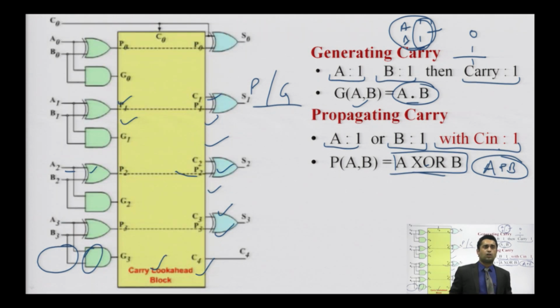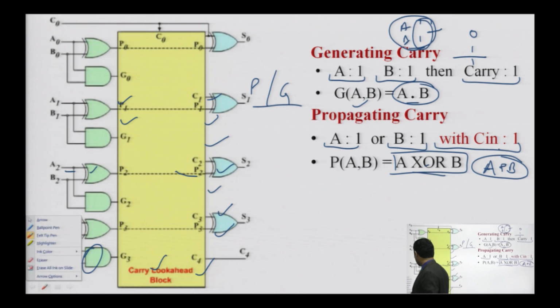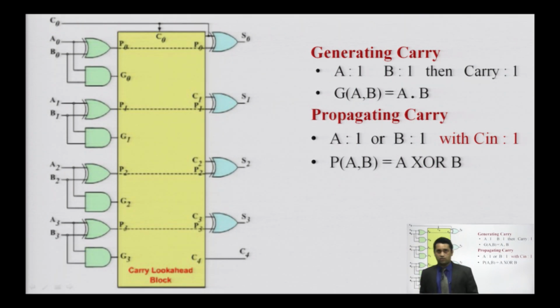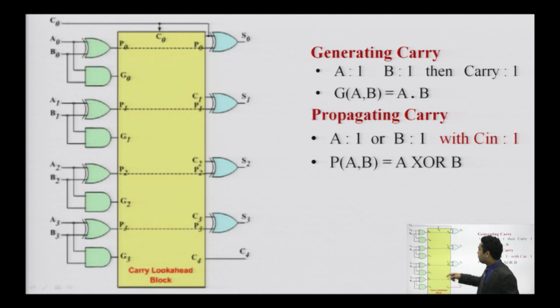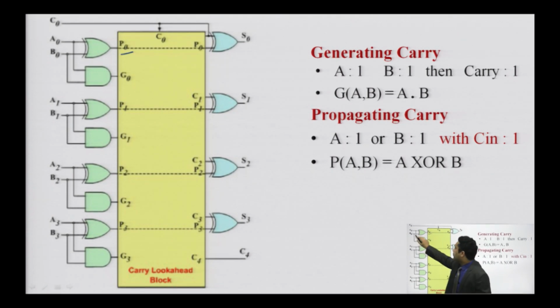And when we are talking about the circuit based on the part which I have discussed in the form of a truth table, this type of generation and propagation is happening here. The equations are the same, and we are using this XOR gate of these bits as the propagation, and this is for the generation.